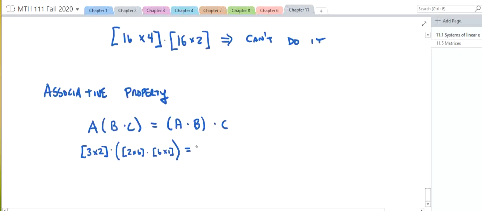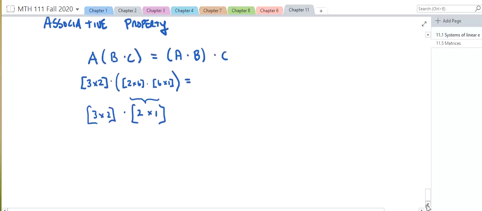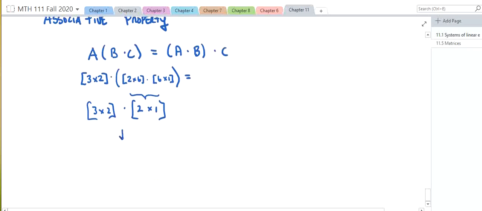So if you did it in this way, you're going to end up here with a 2 by 1, and this is a 3 by 2, and your ultimately final is going to be a 3 by 1. That's what you're going to be left with if you do this.